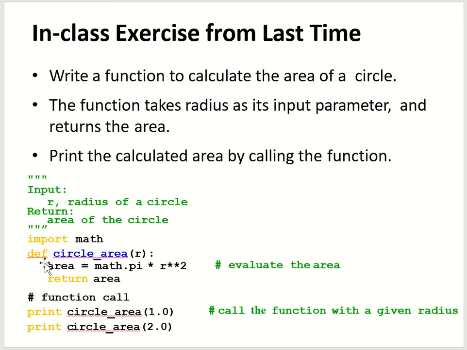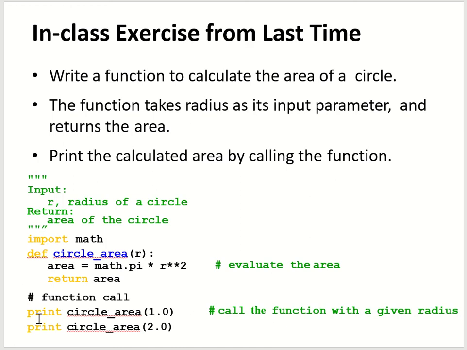Within that function definition, on a lower line, indented one space, we see a variable called area is assigned a value equal to the constant pi from the math library times the value of that r parameter to the power of 2. Finally, that value of the variable area is what's returned by the function. So those three lines define the function called circle_area.